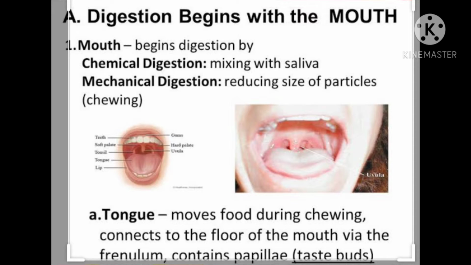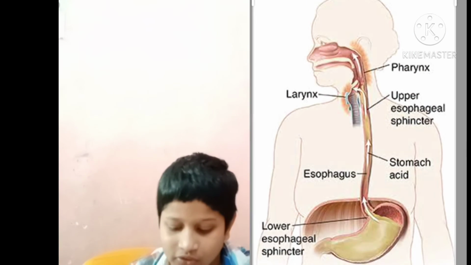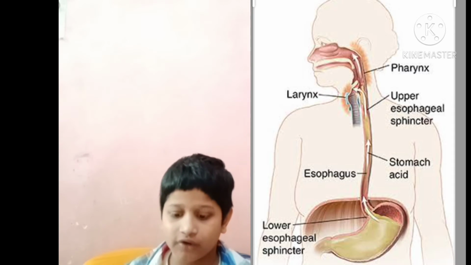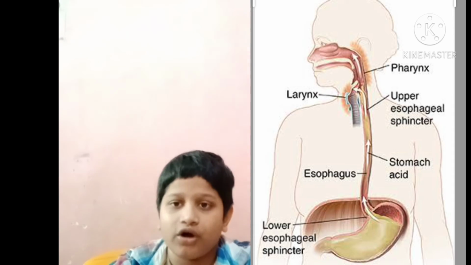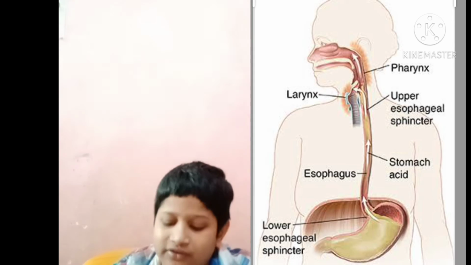Next we will learn about the esophagus. The food in our mouth is swallowed and passed into the food pipe or esophagus that connects the mouth and the stomach.